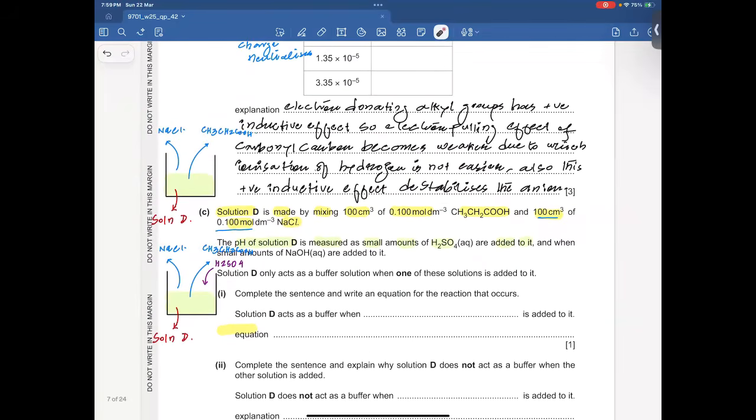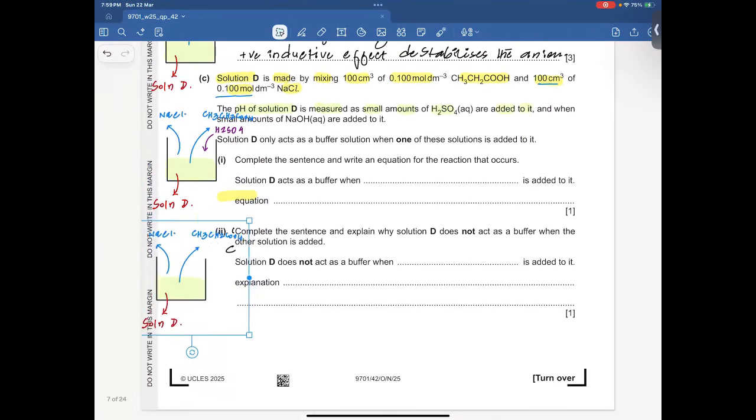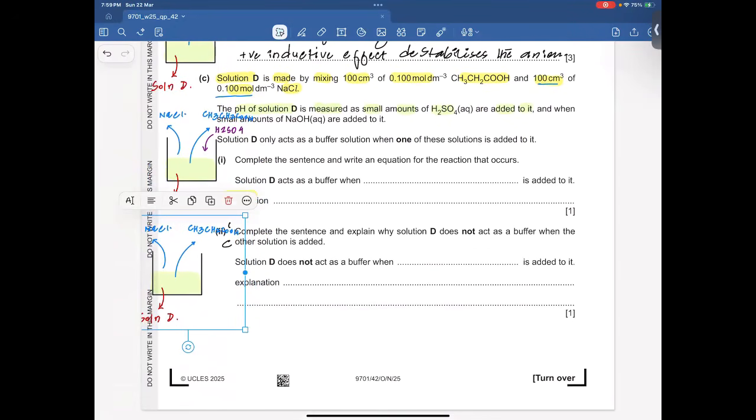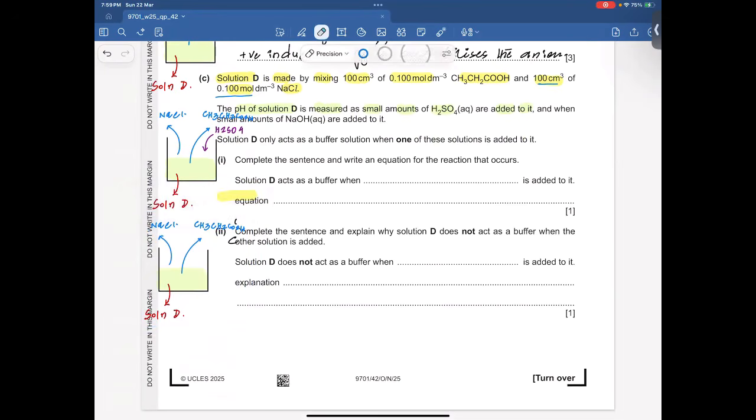But when we use, let's suppose, NaOH in it, then there will be a reaction, obviously. Again, this NaOH cannot react with NaCl, but this NaOH can react with propanoic acid.